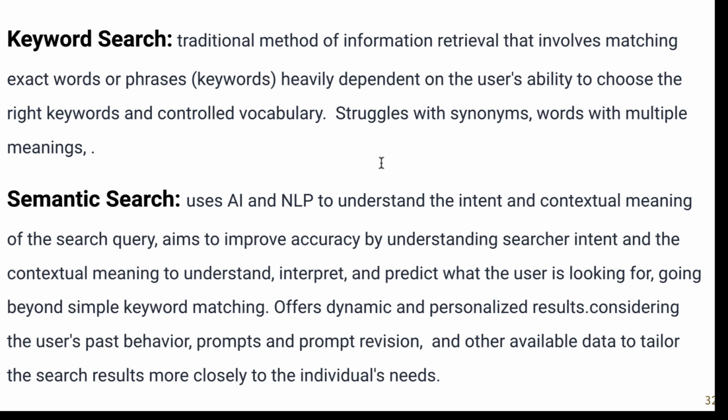So it tries to improve accuracy by understanding the searcher's intent and the contextual meaning to understand, interpret, and predict what the user is looking for, going beyond that keyword matching. So it offers dynamic and personalized results. In fact, you can have a conversation with your result list, and it responds to your past behavior. So think about the differences and how semantic search might enhance and not necessarily replace keyword search.